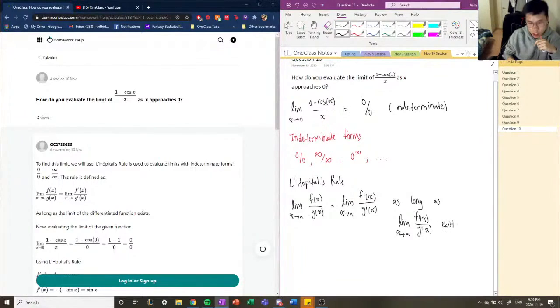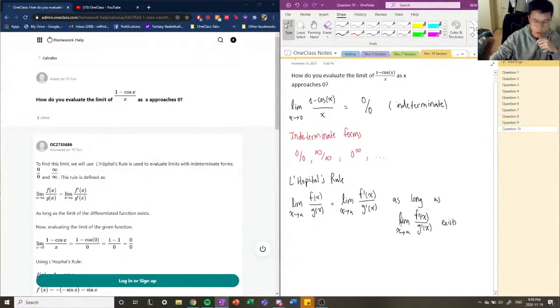So it has to be a value. As long as the limit exists, then L'Hopital's rule can be applied.